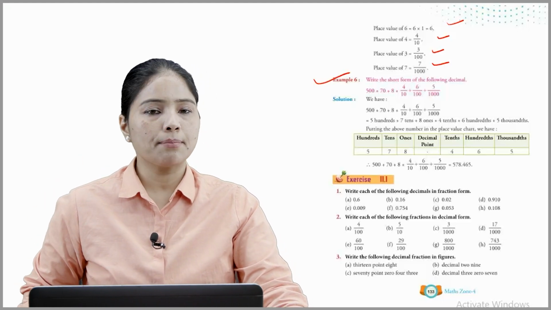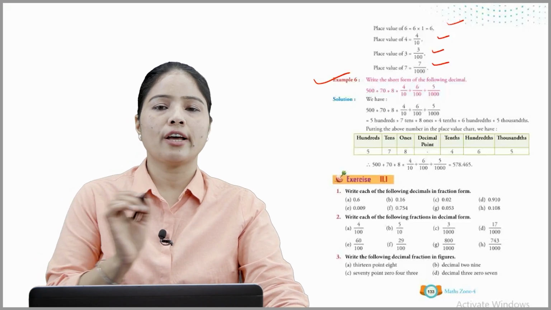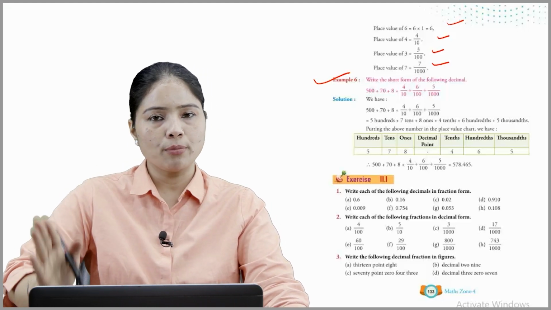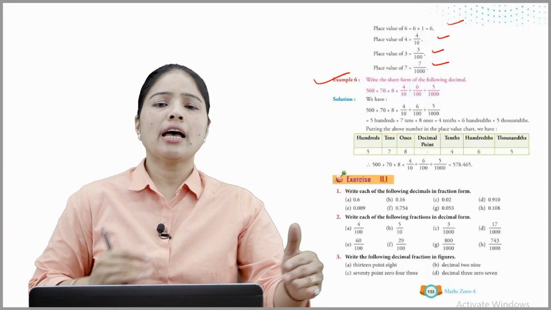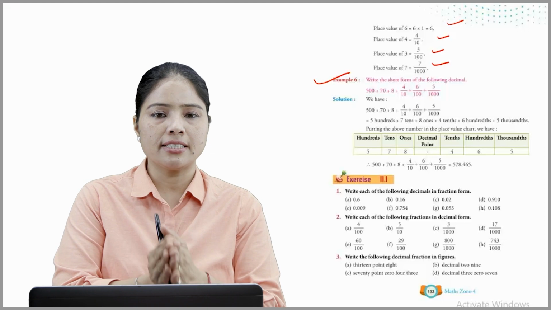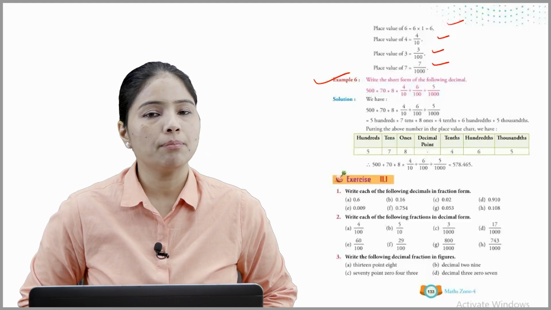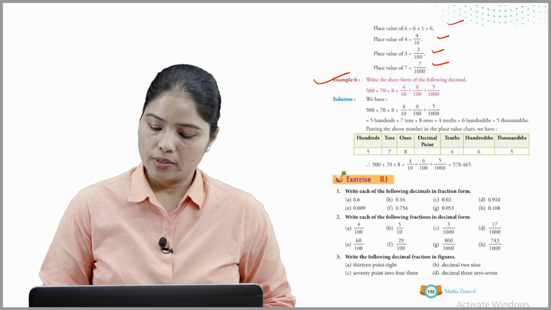So now example number 6. Write the short form of the following decimals. The expanded form is already given here. Now you have to make the short form of that one. First one is 578 plus 4/10 plus 6/100 plus 5/1000. Solutions.